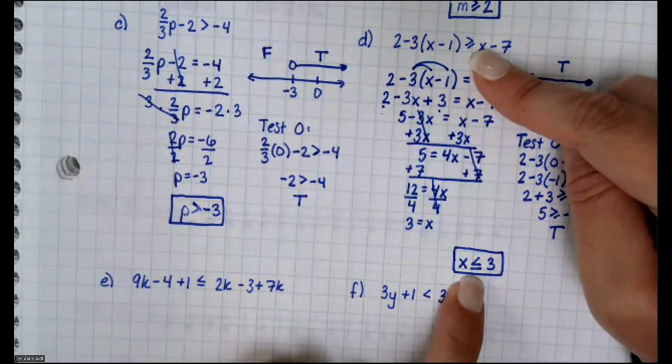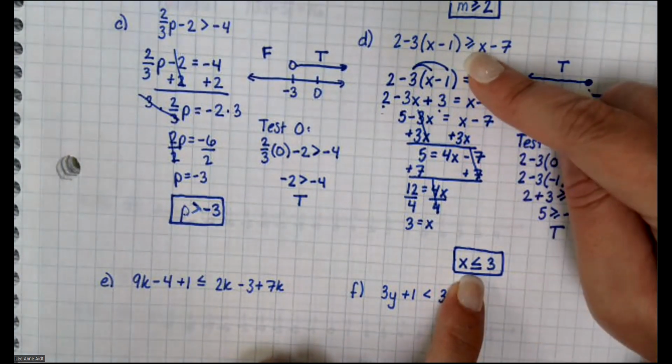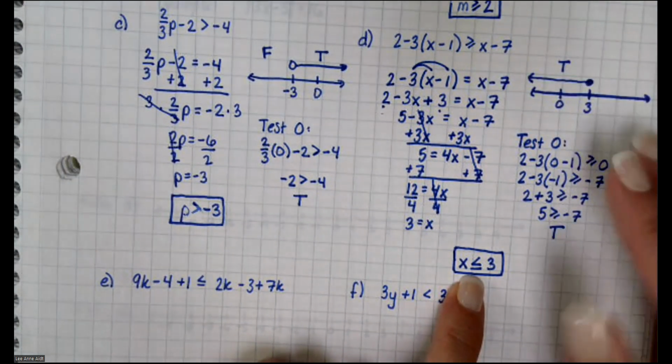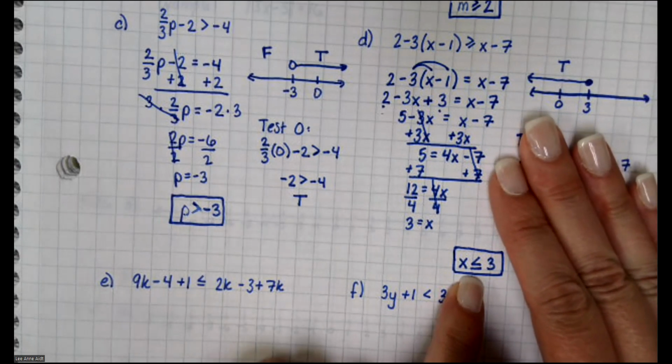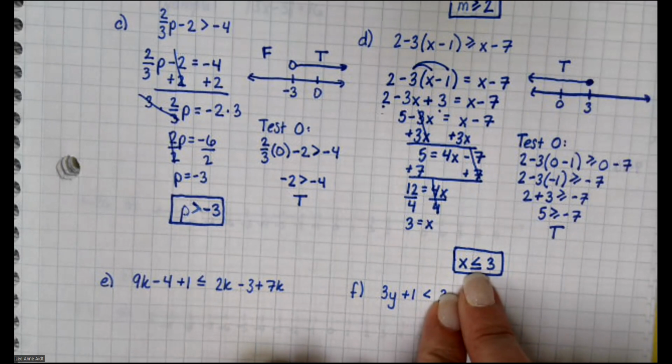What I'm telling you is you can't just assume that the end answer is going to be the same as the start inequality. That's the whole reason we do the test. I promise you, if the test wasn't necessary, I wouldn't teach you that. If you could just solve this problem and throw this thing in at the end, that would be great. But it doesn't work like that, unfortunately.